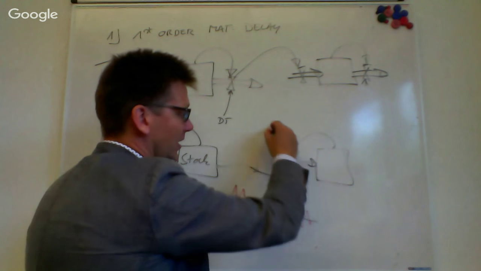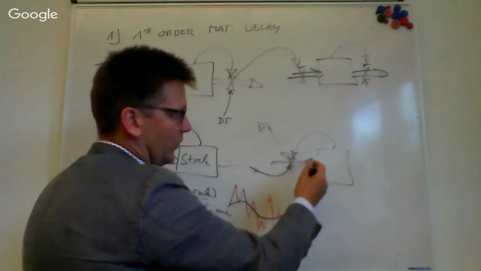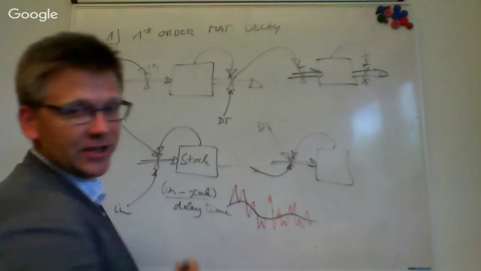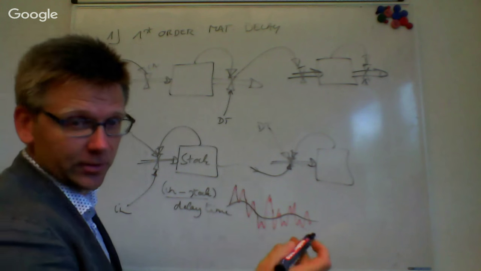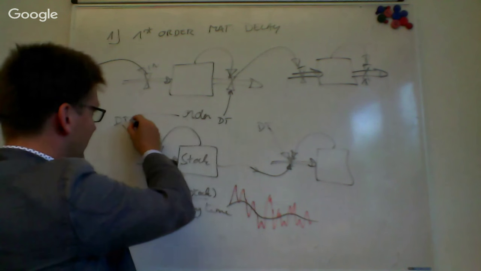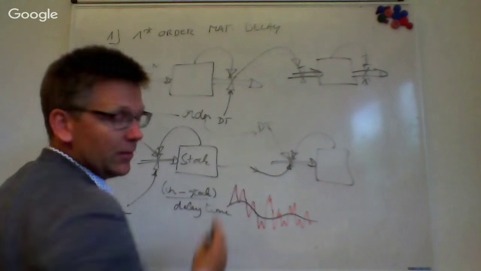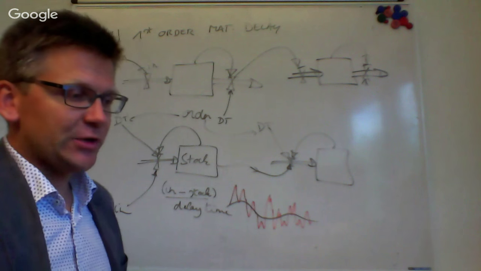And again, we have dt, stock value, and the equation here is the same as there. And again, it's a second order, so therefore we divide dt by the order of the delay. So this is basically the technical explanation about delays.